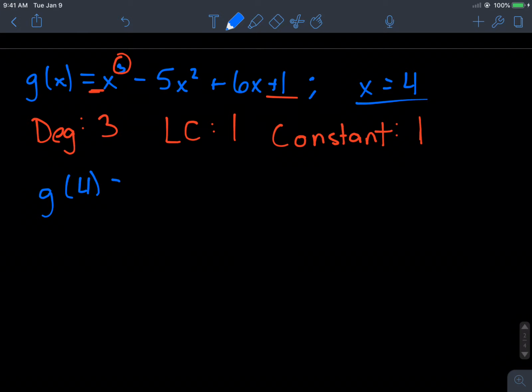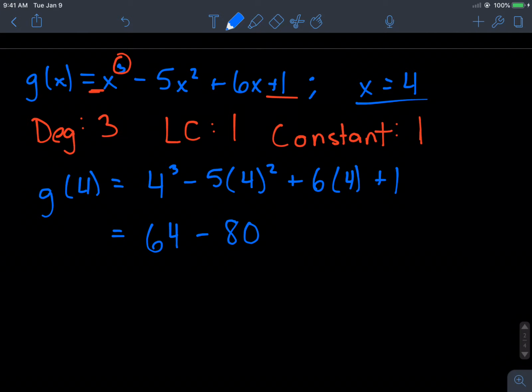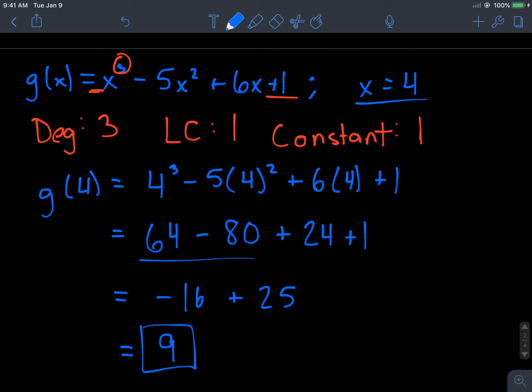So we plug in 4 to the function: 4 cubed minus 5 times 4 squared plus 6 times 4 plus 1. 4 cubed gives us 64. 4 squared is 16, times 5 is 80. 6 times 4 is 24, plus 1. 64 minus 80 gives us negative 16, and 24 plus 1 is 25. Add those and we get a positive 9.